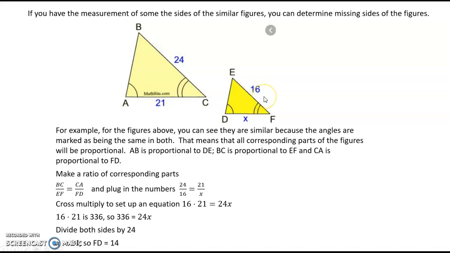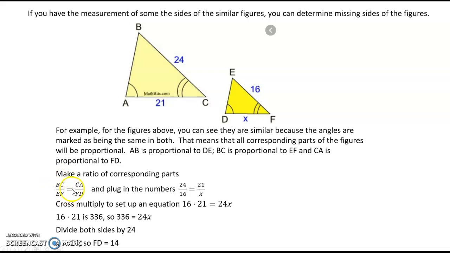So you can make a ratio or a proportion of the sides that you're given. So you match up the corresponding sides. So we know that BC corresponds with EF. So that's why we have the ratio here, BC and EF.